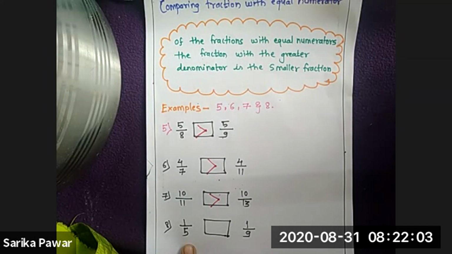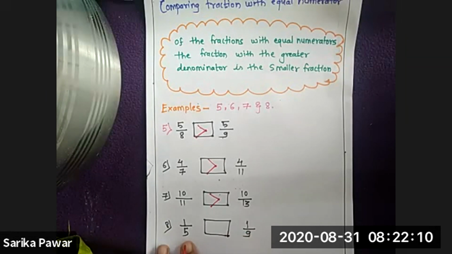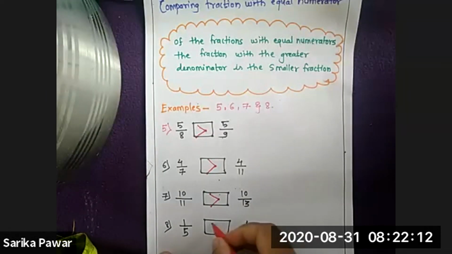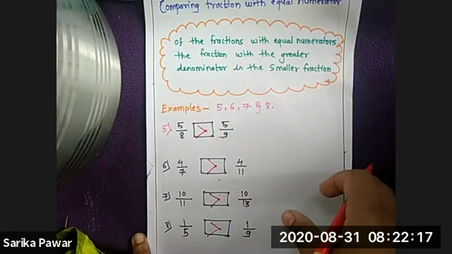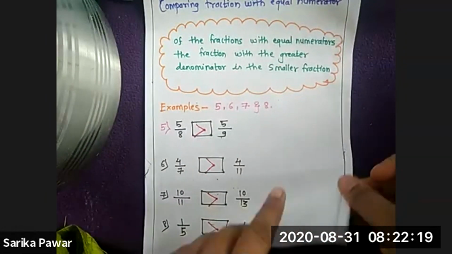Yes, bigger means greater. 9 is greater than 5. So here the smaller fraction will be the greater fraction. Okay? Got it, all of you?